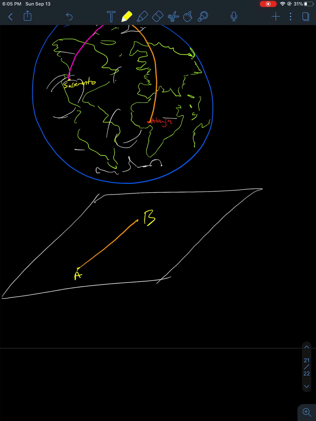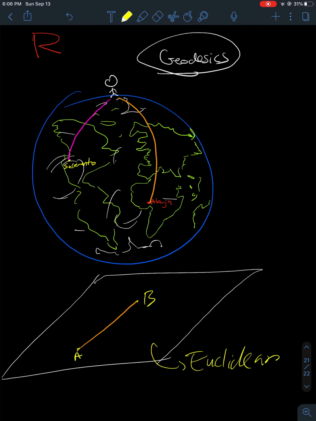And we can do geometry on this plane. Since the plane is flat, we call the geometry Euclidean. The geometry that we do on a curved space is called non-Euclidean. Does that mean if I start measuring distances on Earth, I'm doing non-Euclidean geometry? Not necessarily.